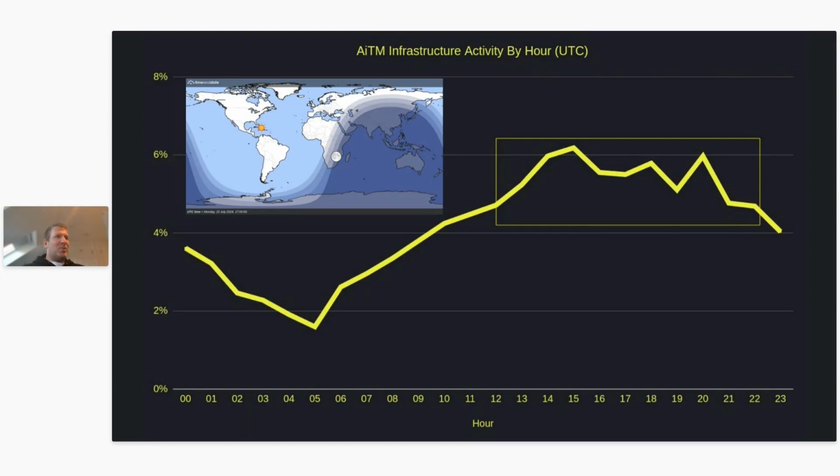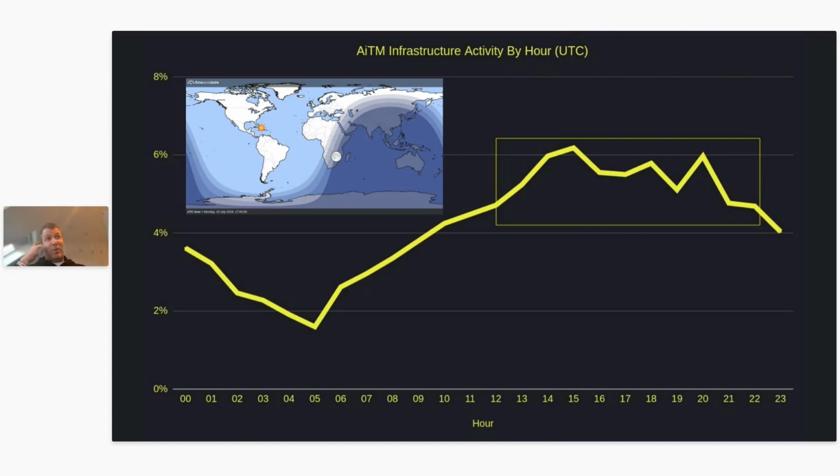I drew a box around the busier period, which somewhat correlates with the working day in the Americas. But then that fires a bunch of other questions back, which is, is it busiest because it's people in America performing the attacks? Or is it busiest because there are a lot of attacks targeting America, and so it makes sense to be operating during their working hours?